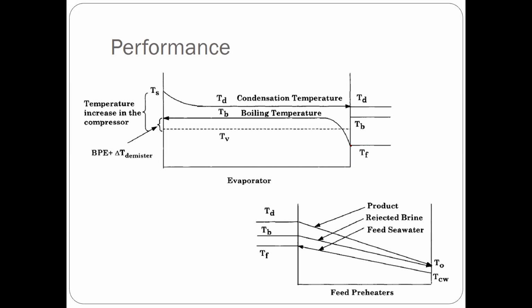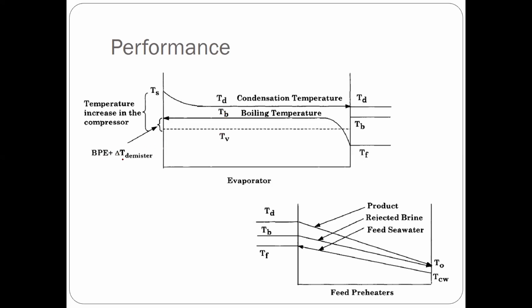Once it sprays on the outside surface of the tubes, the vapor inside the tubes, which is hot, is going to heat it from TF to the saturation temperature TB. It will remain at the value TB, where it is going to undergo the evaporation process. Evaporation occurs at a constant temperature. When it evaporates, the vapor that is going to leave is going to be at a temperature less than the saturation temperature by the boiling point elevation.